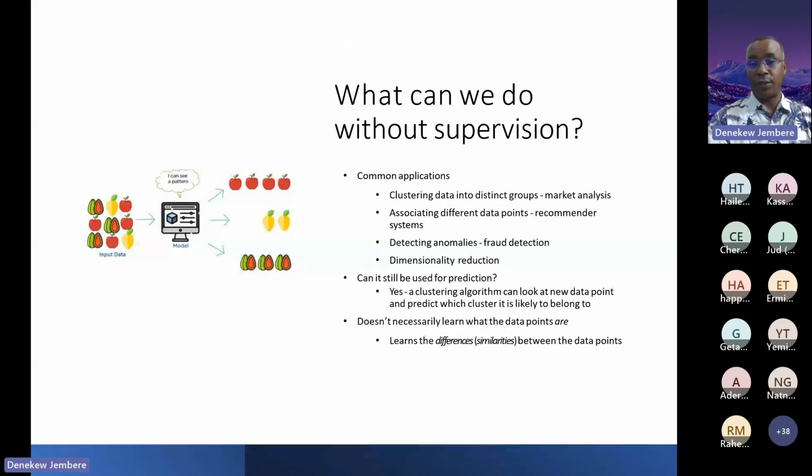So what can we do without supervision? The common applications are, just the scenario that I was explaining, clustering data into distinct groups. For example, market analysis, or banking transaction analysis. The banking transaction analysis that I told you could potentially classify customers of a bank as customers with more frequent transactions versus customers with less frequent transactions, or even within the most frequent transactions, customers who are doing a certain type of business.